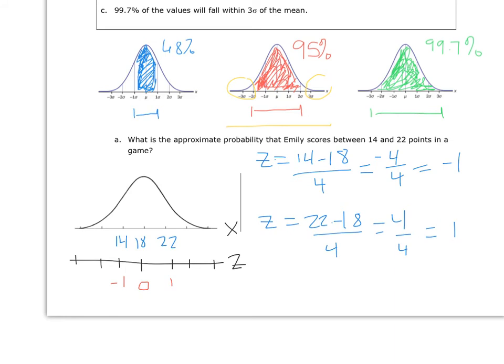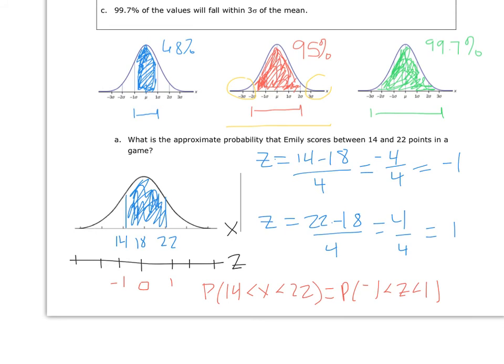Okay, so we are looking for this shaded area right here. Because 14 is 1 standard deviation to the left and 22 is 1 standard deviation to the right, what we have is within 1 standard deviation of the mean. So the probability that x is between 14 and 22 is equal to the probability that z is between negative 1 and positive 1.